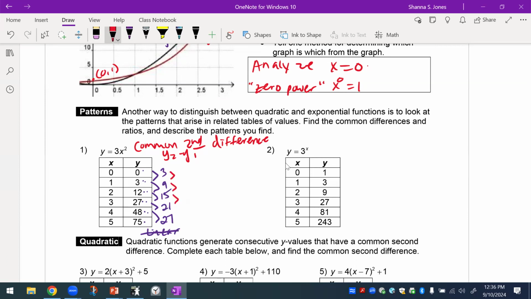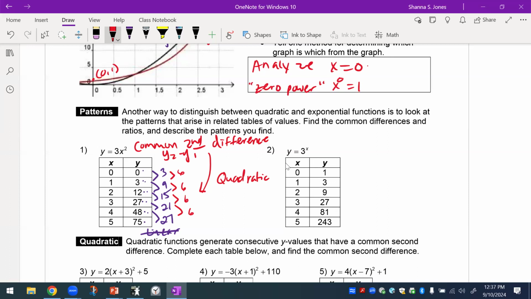That's because when you do the second difference, what do you get? What's 9 minus 3? What's 15 minus 9? What's 21 minus 15? What's 27 minus 21? So do you see how I have a common second difference? That's what makes me a quadratic. Got it? It's y2 minus y1. Because it's a common second difference, this is what makes it quadratic.